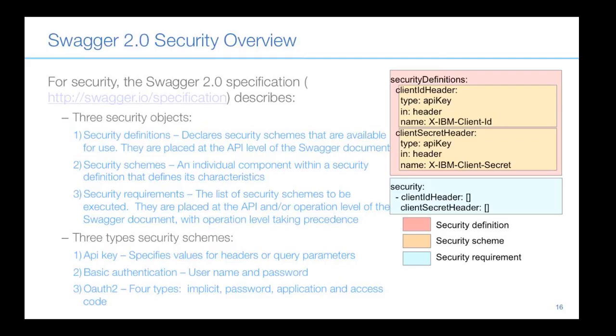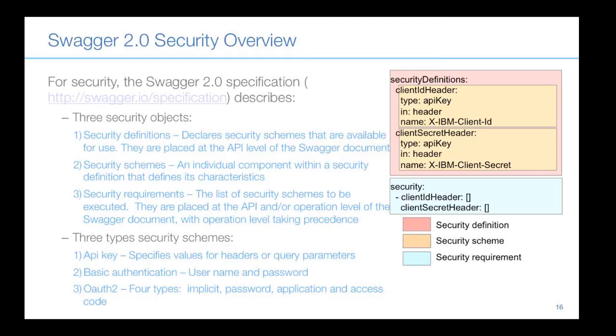The security schemes are individual components within the security definitions, and they define the characteristics of the security definition. And then the third component is the actual security requirements. These are what get executed or enforced at runtime, and those are just things that are declared in the security definitions.